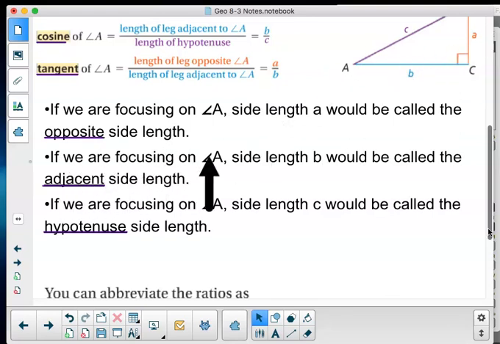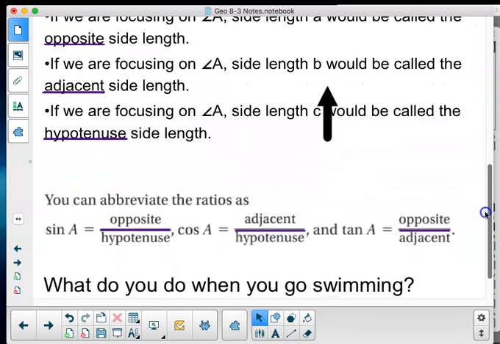If we are focusing on angle A, side length b would be called the adjacent side length. If we are focusing on angle A, then side length c would be called the hypotenuse. Now please keep in mind, we're always going to be calling side length c the hypotenuse. The things that will change based on the angle we're talking about are our opposite and adjacent, and we'll get into those as we do more problems.